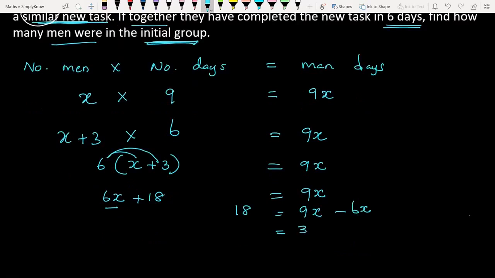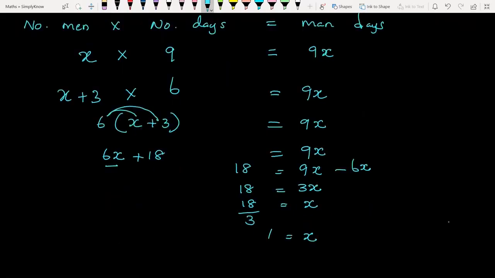Then we get 3x. 18 equals 3x. This means x equals 18 divided by 3. So x is 6. This means there were 6 men in the initial group.